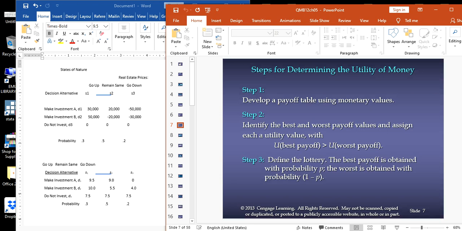So in this case, the highest payoff, the best payoff is 50,000 over here, and the worst payoff is minus 50,000. Of course, this is greater than that one, so this applies in this way.